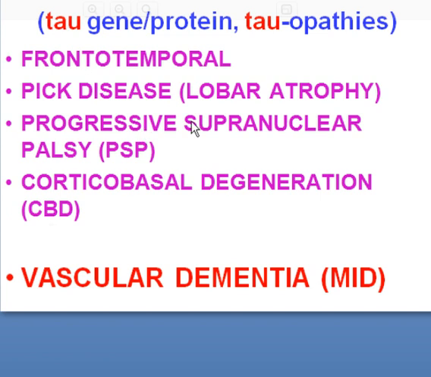The one that is not rare compared to Alzheimer's disease is vascular dementia, because vascular dementia is a strong second for a cause of a cortical dementia after Alzheimer's disease. So grandpa goes bananas, most likely it's Alzheimer's disease. But if he's had a history of little strokes or even big strokes, it's a very good chance that it could be a vascular dementia.